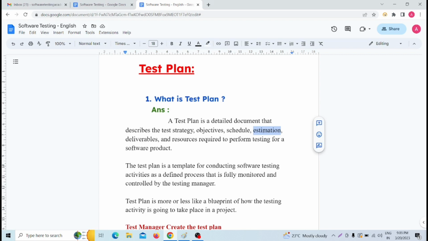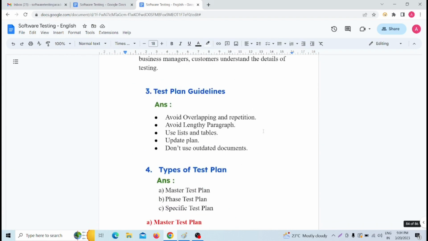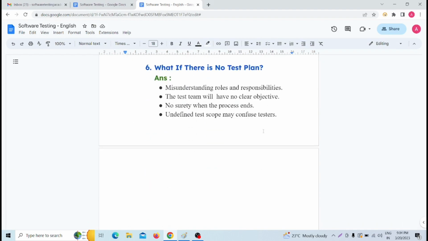If there is no test plan, we cannot tell how much time it will take to complete the login page functionality testing, so the process will never end.